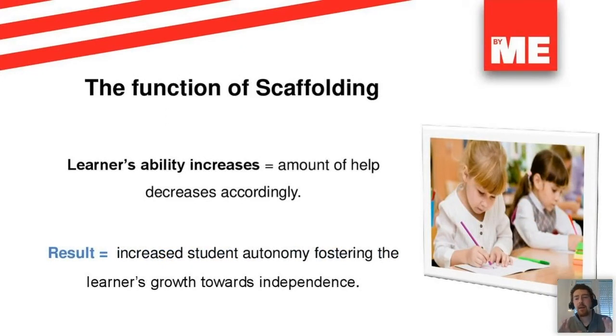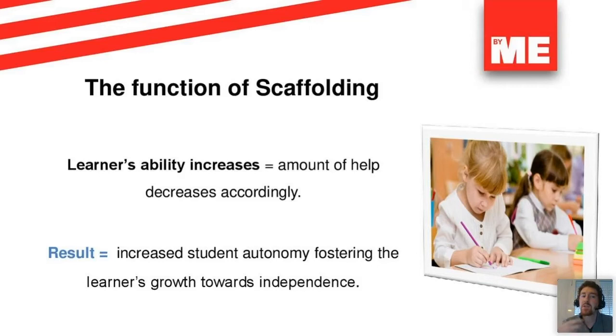So, as I mentioned as well, it's adjustable. The teacher can adjust the level of scaffolding, and as the learner's ability increases, the amount of help decreases accordingly. Why? What's the end result of this? Well, the end result of this is increased student autonomy, independence.